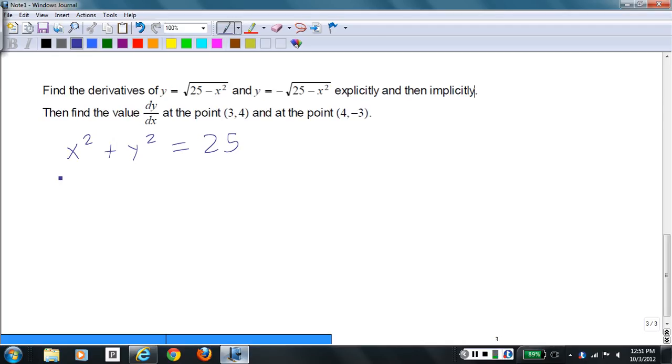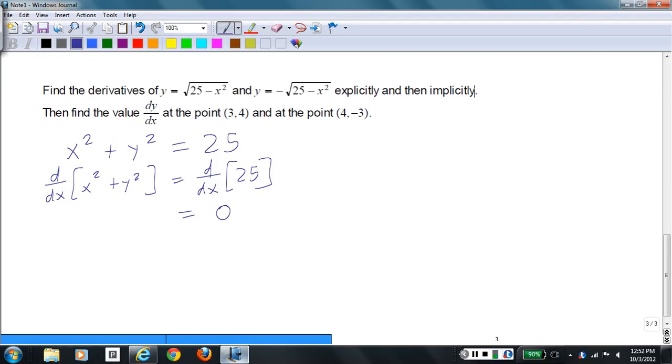Here goes. We want to differentiate both sides with respect to x. d/dx of x squared plus y squared equals d/dx of 25. The d/dx of 25 is no trouble. That's a constant. The derivative of a constant is 0.